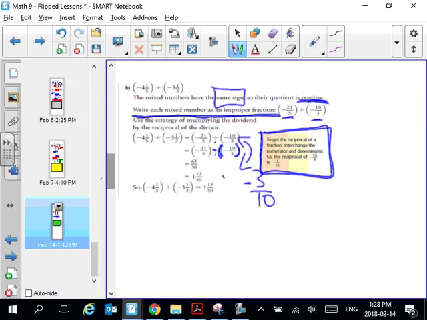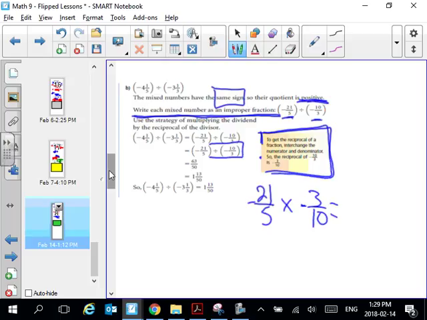And because we flipped it, we're also going to multiply now. So instead of -21/5 divided by 10/3, what I actually have is multiplied by -3/10.